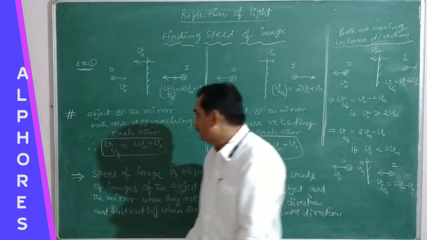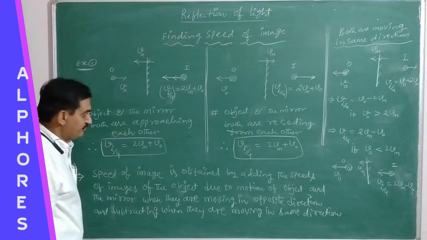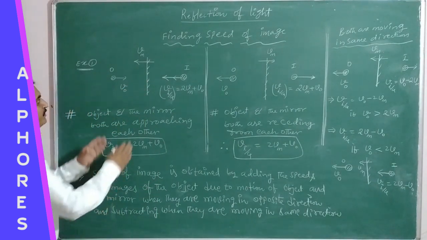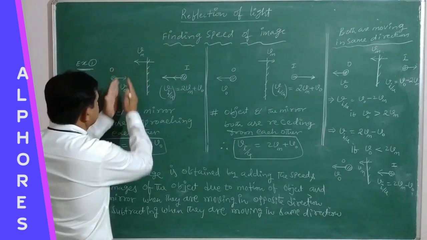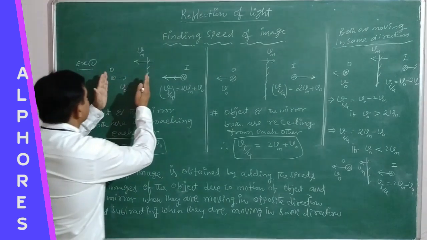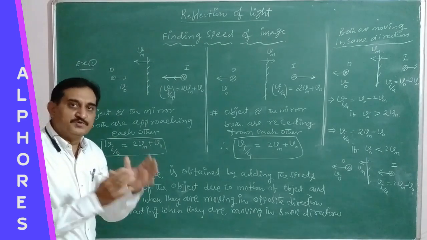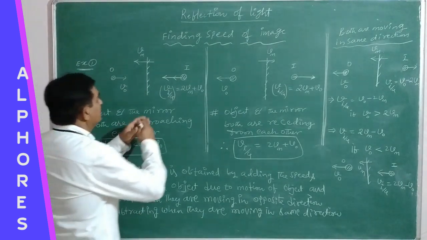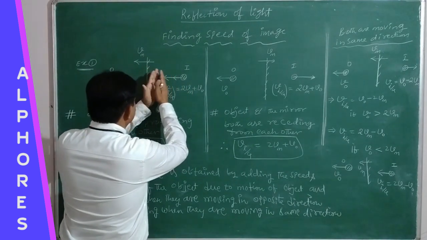Let us see now. In this case, both are approaching each other. The plane mirror and the object both are approaching each other, therefore, as a result, their relative separation is reducing. When the relative separation reduces, the corresponding separation between the mirror and the image will also be reduced.